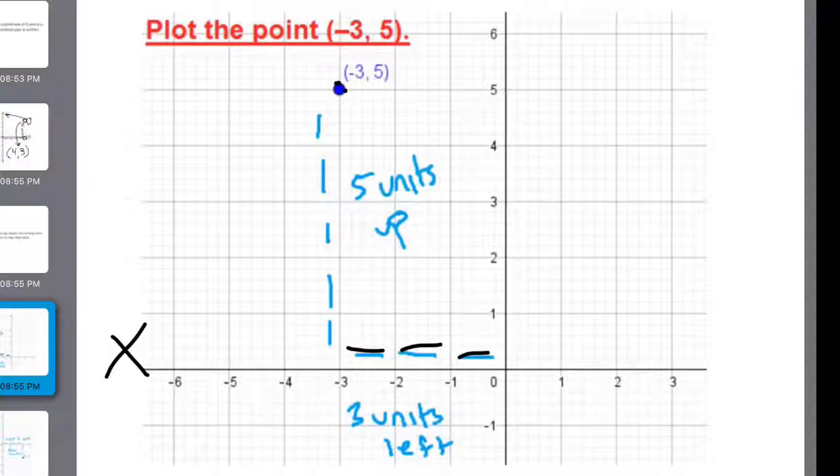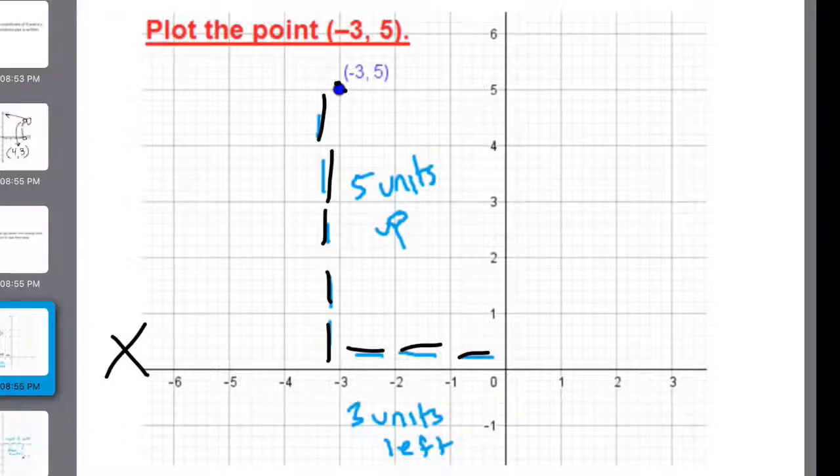Now we are directly underneath this point. To continue to get to the point's location, we have to go up. Up and down is my y. When we go up, it's positive. We go up 1, 2, 3, 4, 5. So my ordered pair is (-3, 5).